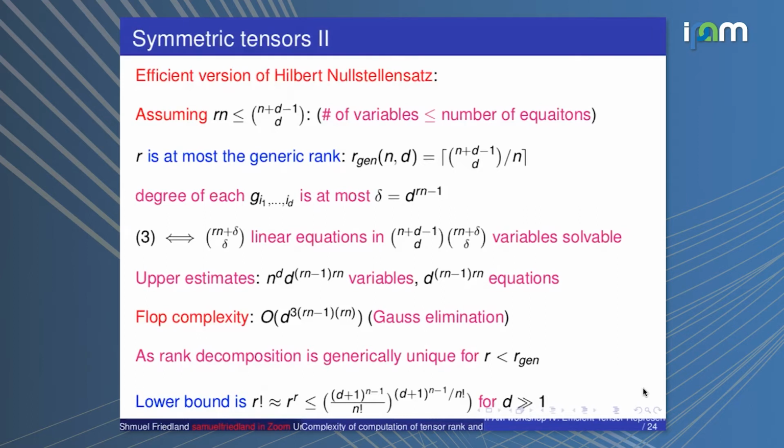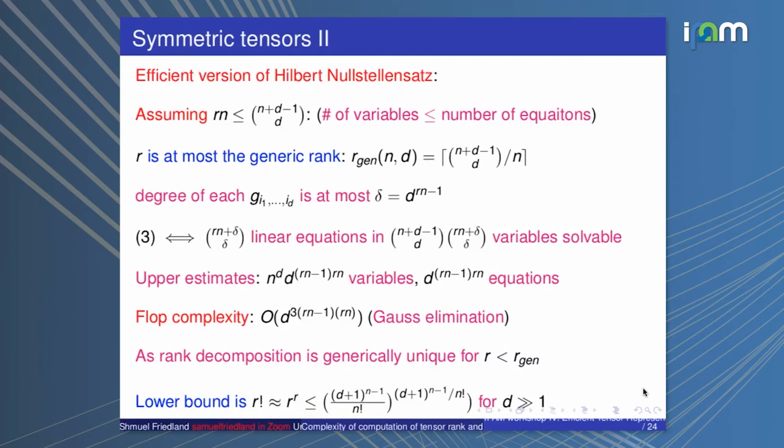Okay, so now, can we have some lower bounds? Of course, we don't know, but my intuition or suggestion is as follows. We know that if R is less than R generic, then a generic tensor of rank R has a unique decomposition. But in this unique decomposition, because of the polynomial approach, we can shift the order of the decomposition.